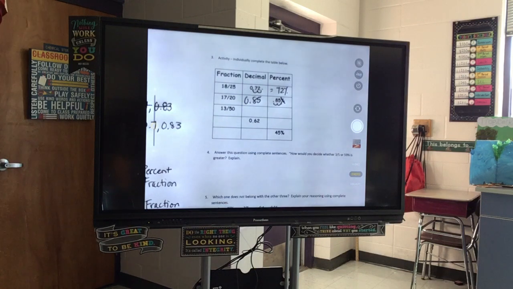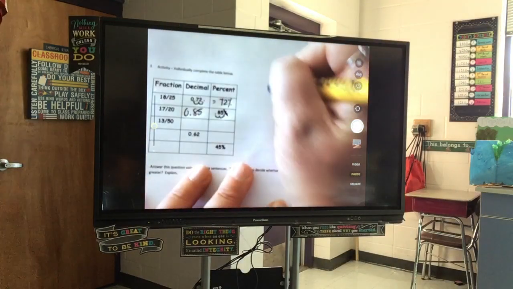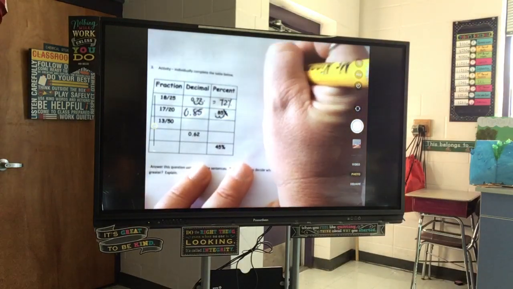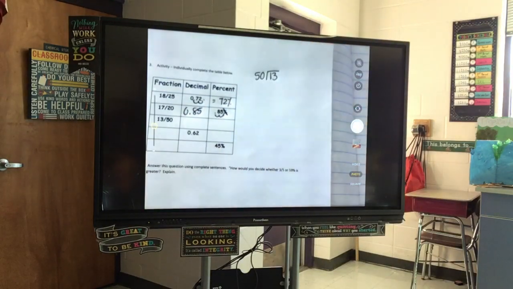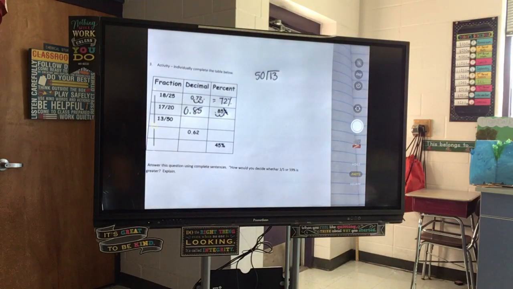All right, so now the third one only gives you what? What's the only thing it gives you of your 3 choices? Indira. So we don't have any choice but to use the fraction. All right, so I'm going to slide over here and I'm going to do 13 divided by 50. What can I multiply 50 by to get 13? Anything?